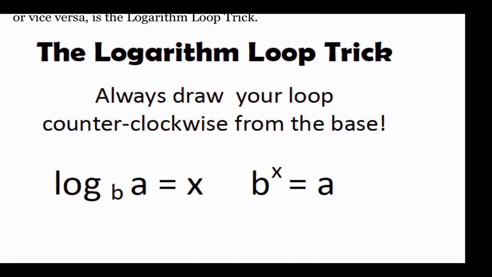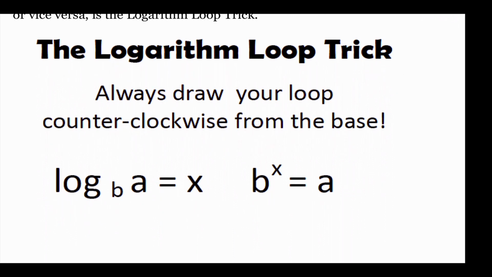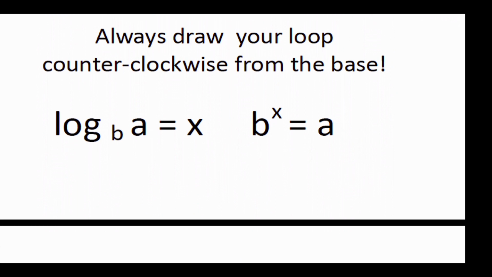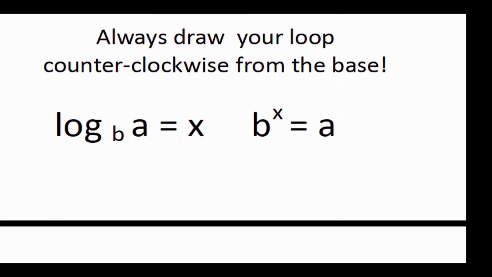So to help you kind of move from one form to the other, there's what we call a loop trick. One of them's a loop, one of them's an L. Okay. So if you start with a log and you want to change it to an exponent, you can use this.